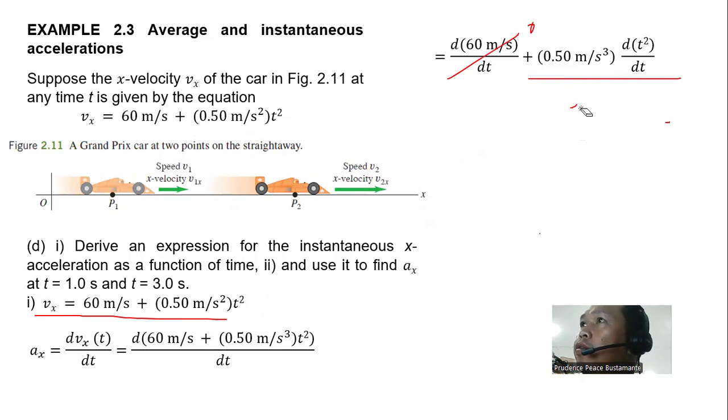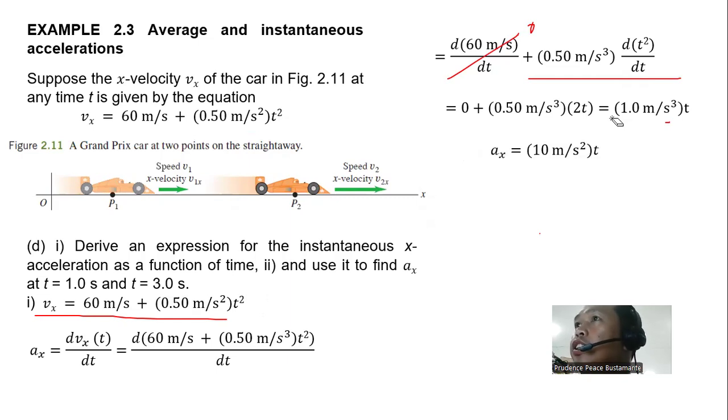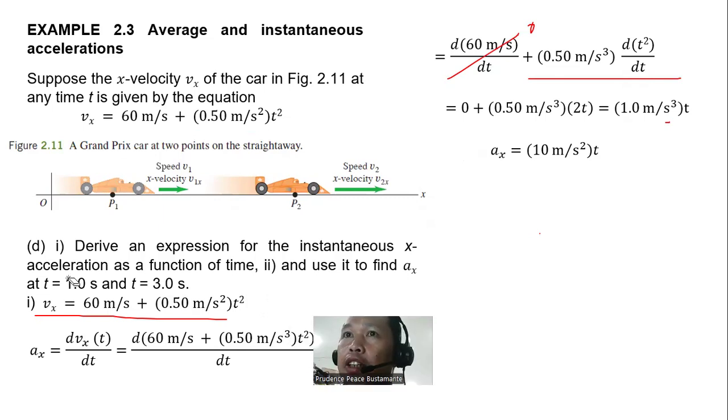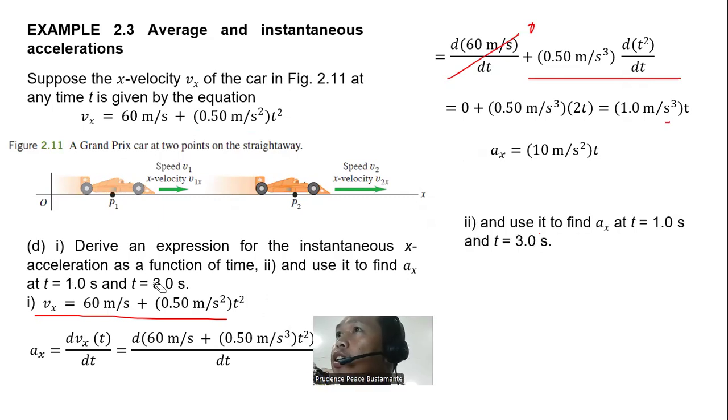With that, we have here 0 plus 0.5 meters per second cubed times 2t. So your acceleration function is 1.0 meters per second cubed times time. You can use this to find your acceleration after 1 second and 3 seconds.